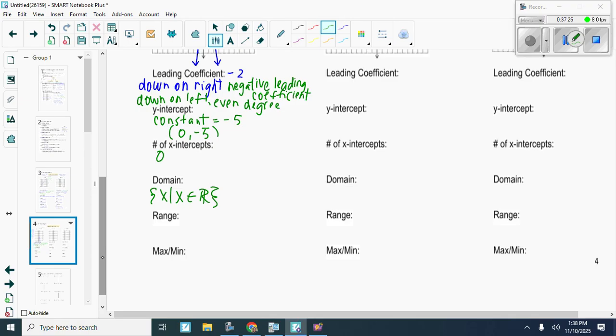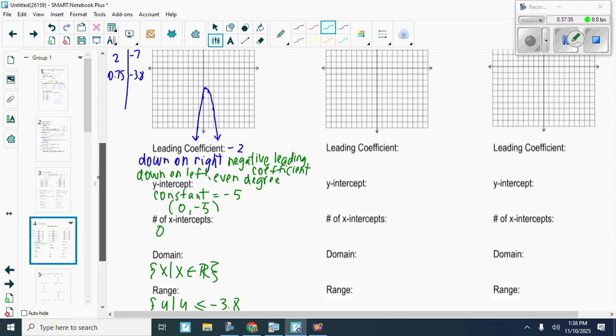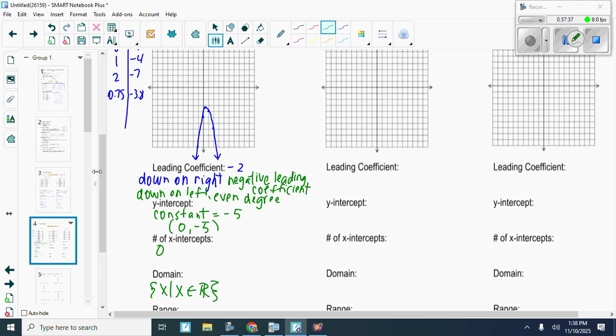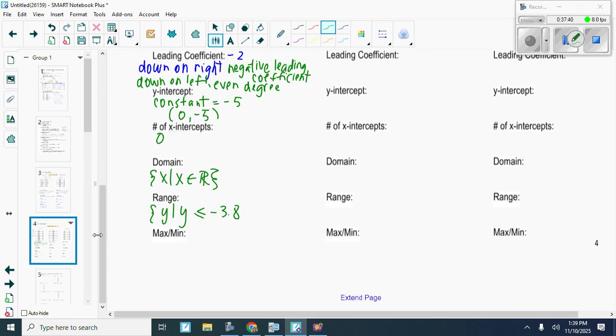Our y has to be less than or equal to that maximum value, which was -3.8. Having one decimal place is fine unless it tells you that it wants more. After we have what it can't be, it can still be any number. It's a continuous curve, so it can still be any other number in y.